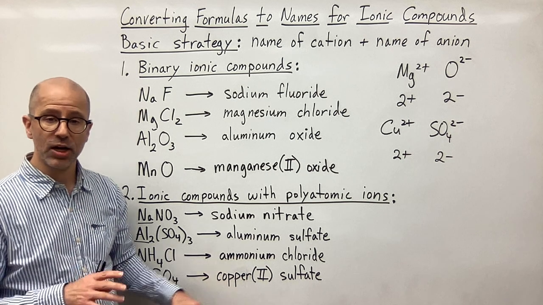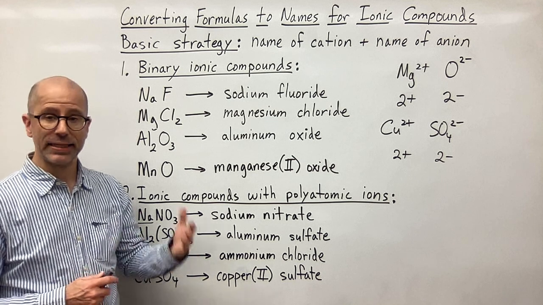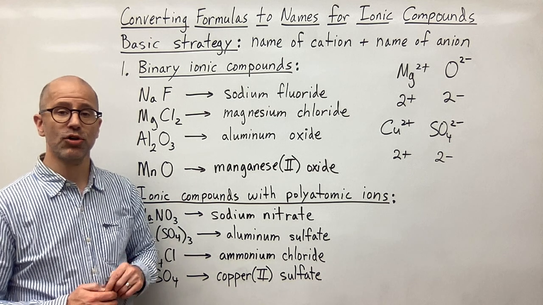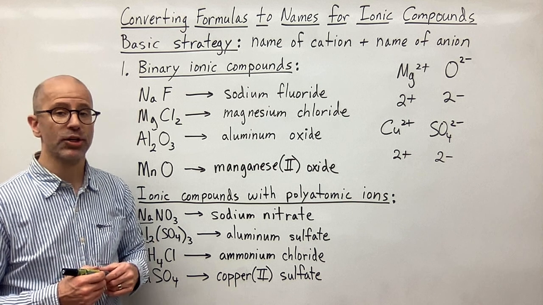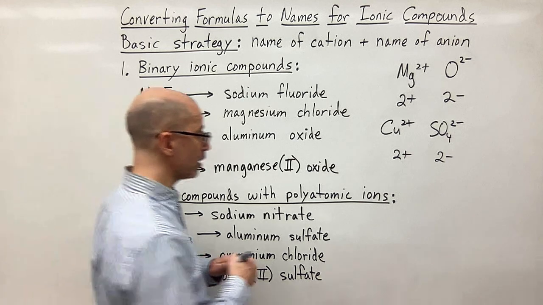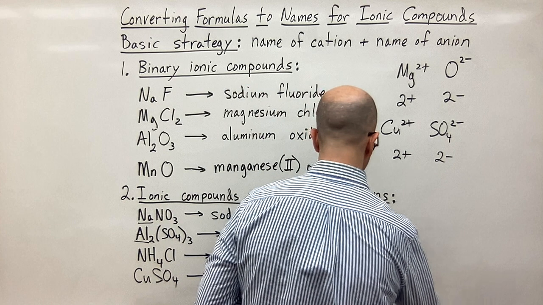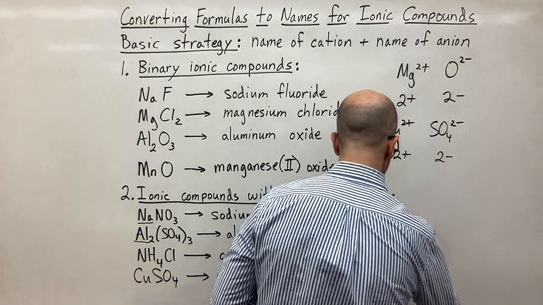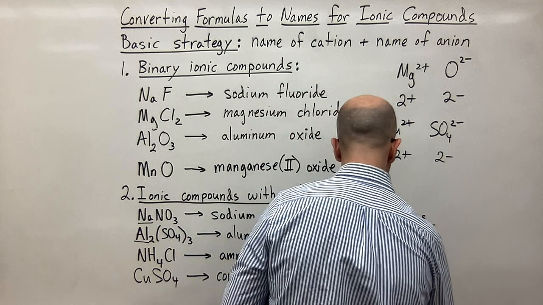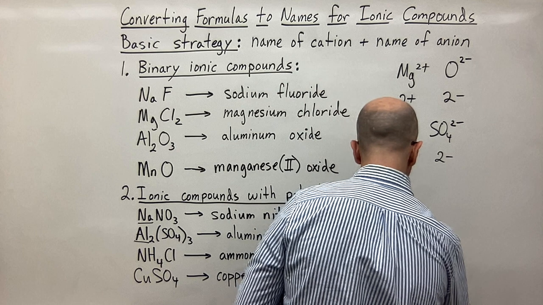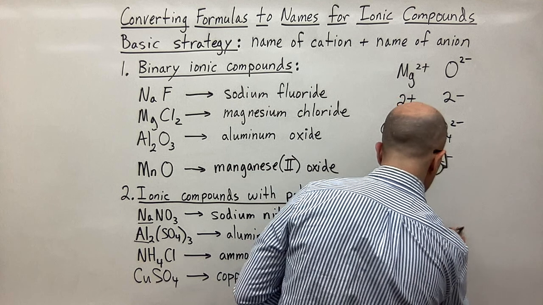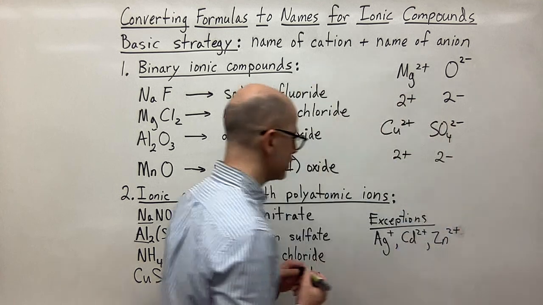And so the rule of thumb is that if you have a transition element as a metal, as your positive ion in your compound, then most likely you're going to need a Roman numeral. There are a few exceptions. Those exceptions are silver, cadmium, and zinc.